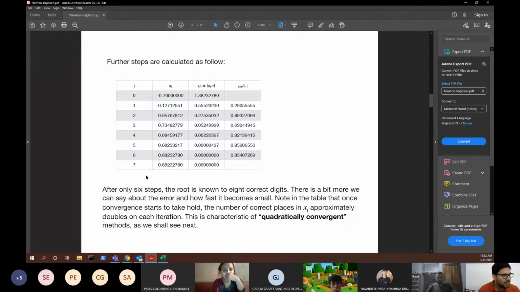If you remember, the bisection method and the fixed point iteration method were linearly convergent methods, right? In this case, the Newton method is quadratically convergent. So uno es lineal, este es cuadrático. That's why it doubles each iteration.